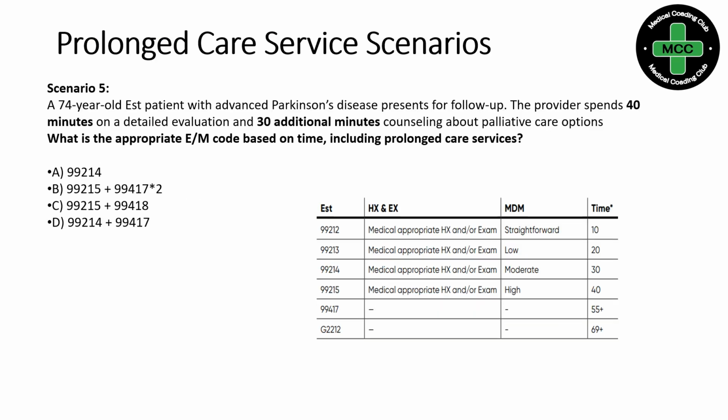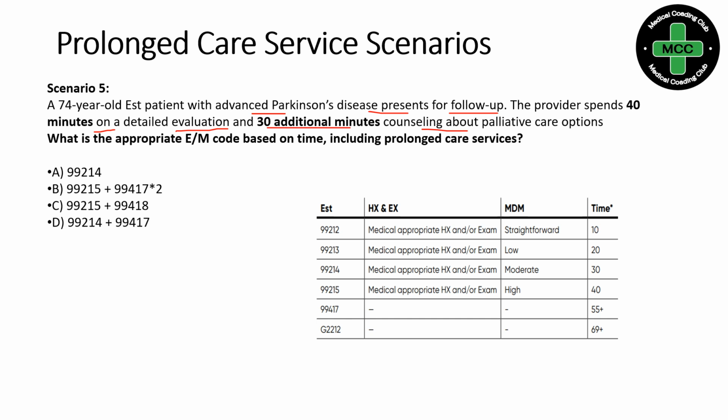And here you have to be careful. A 75-year-old established patient with advanced Parkinson's disease presents for a follow-up. The provider spends 40 minutes on detailed evaluation and 30 additional minutes in counseling. Okay, so here 40 minutes for evaluation and additional 30 minutes for counseling.